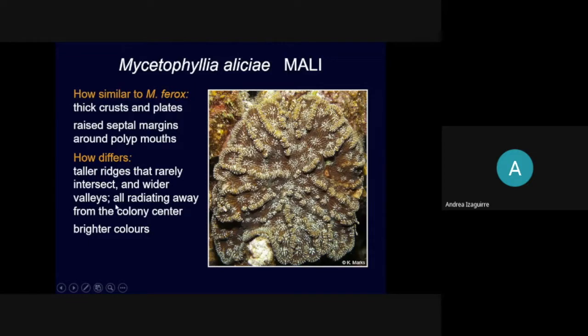Here it says that the ridges rarely intersect, so that's what we were saying before. And they break quite a lot, whereas ferox tends to have longer ridges that intersect a lot, and they're not going to break as easily as in aliciae.